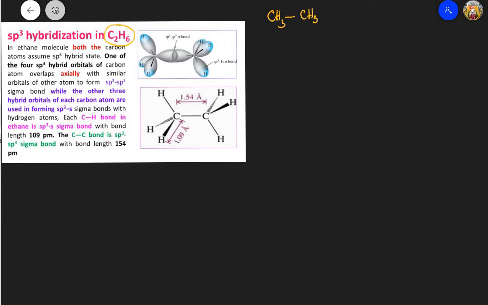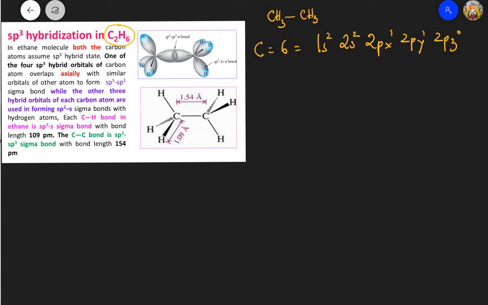Now let us try to understand the electronic configuration of carbon, whose atomic number is 6. We can write it as 1s2, followed by 2s2, then 2px1, then 2py1, and the last one will be 2pz0. This is the ground state electronic configuration.